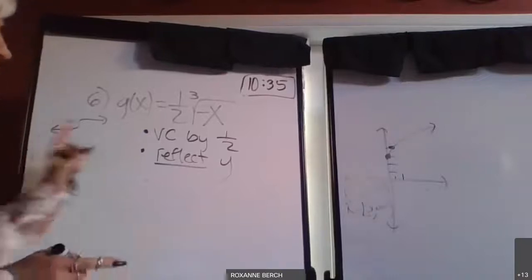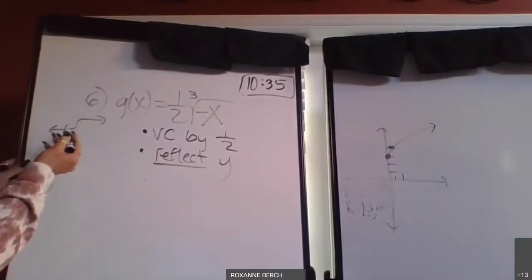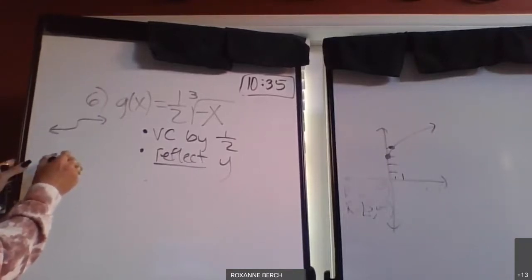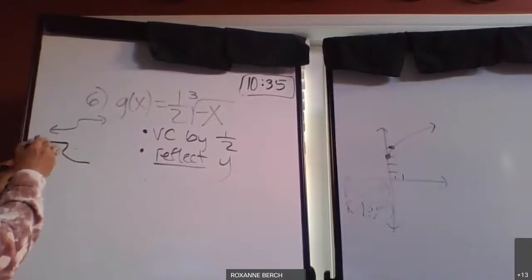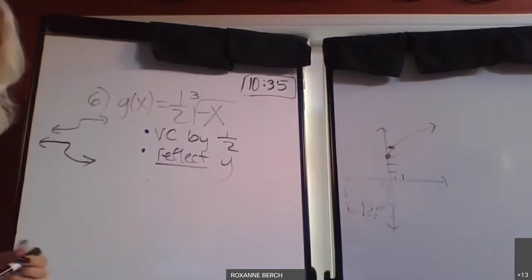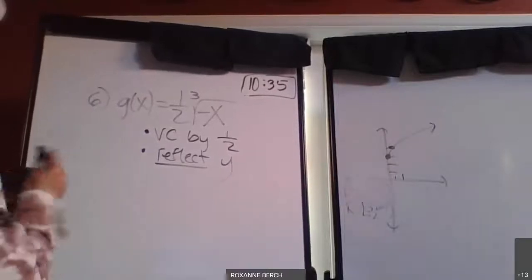Okay, now watch what I do. Since it's a reflection over the y, I come back to my little picture and I reflect it over the y. So it should look like that. Actually, this is better, watch.